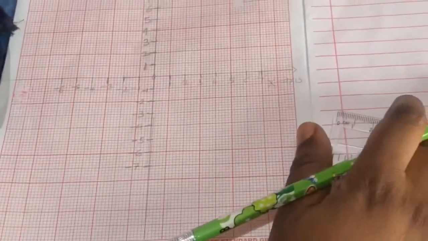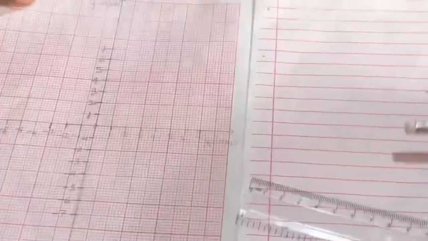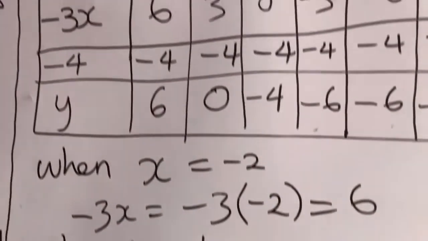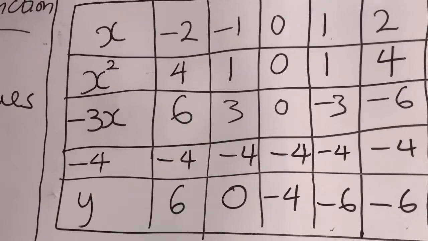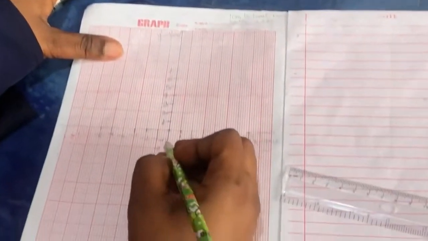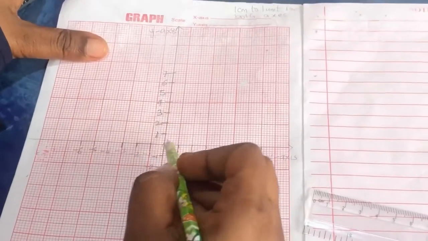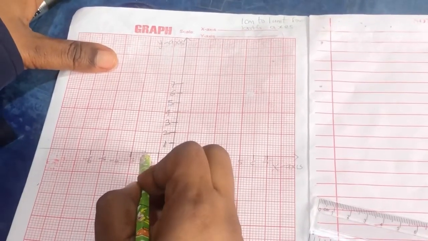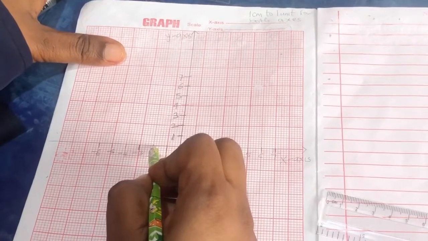Now, the next thing is that we want to start drawing. So let's look up when x is equal to minus 2. When x is equal to minus 2, y is equal to 6. So when x is equal to minus 2 is this place, y is equal to positive 6.